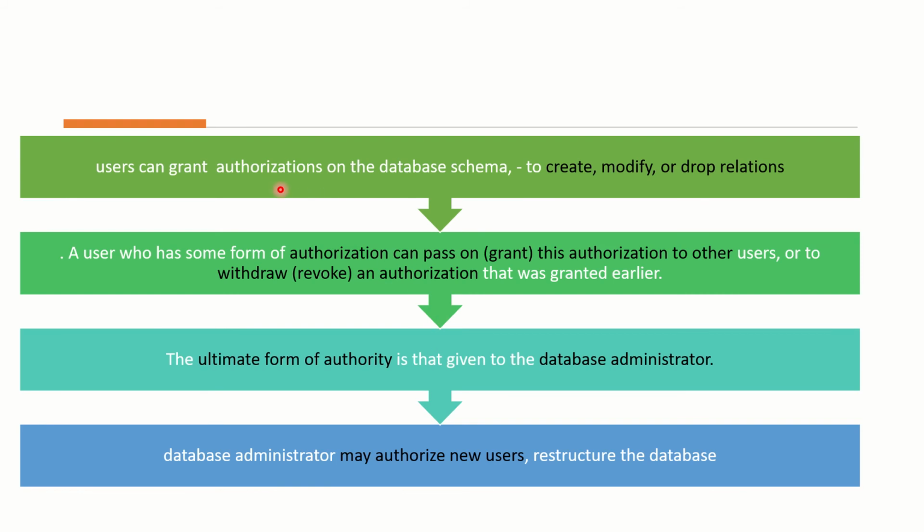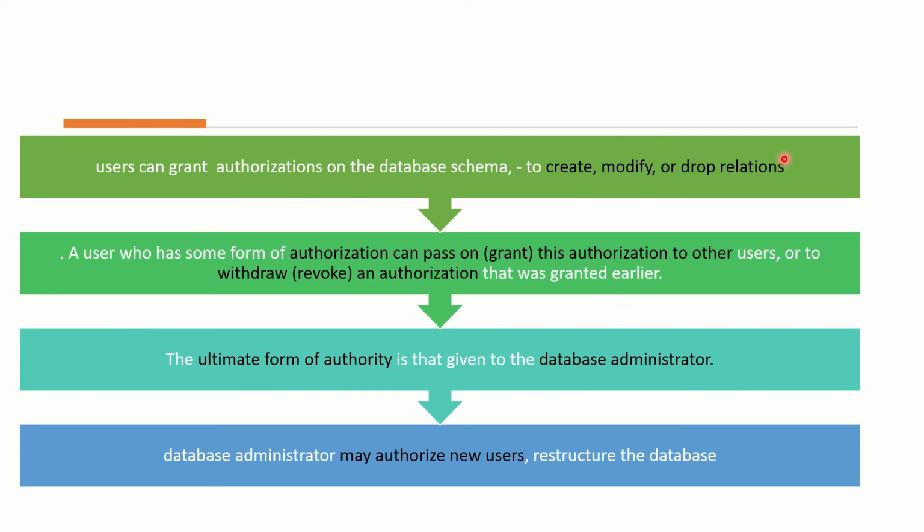And so far we discussed how to access data, which are the different authorizations in order to access data from a database. Now we are going to discuss that a user can also be granted authorization on the database schema. Schema means the structure. That is, we can grant a privilege to create tables, to modify tables, or to drop relations.